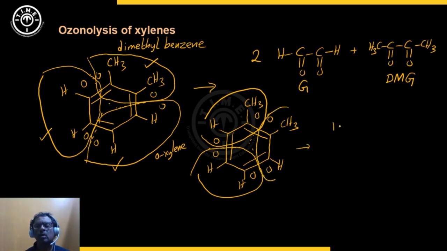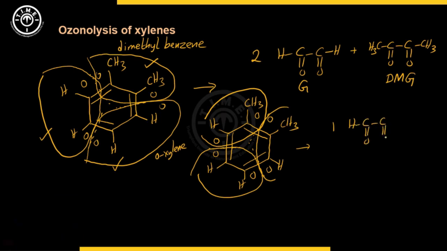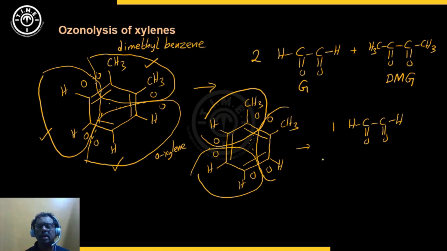So you get 1 mole of glyoxal. Glyoxal is there, no doubt. But there is only 1 mole formed. But then there are 2 moles of CH3, C double bond O, and a C double bond O, and a hydrogen. So this is methyl glyoxal, that is glyoxal.